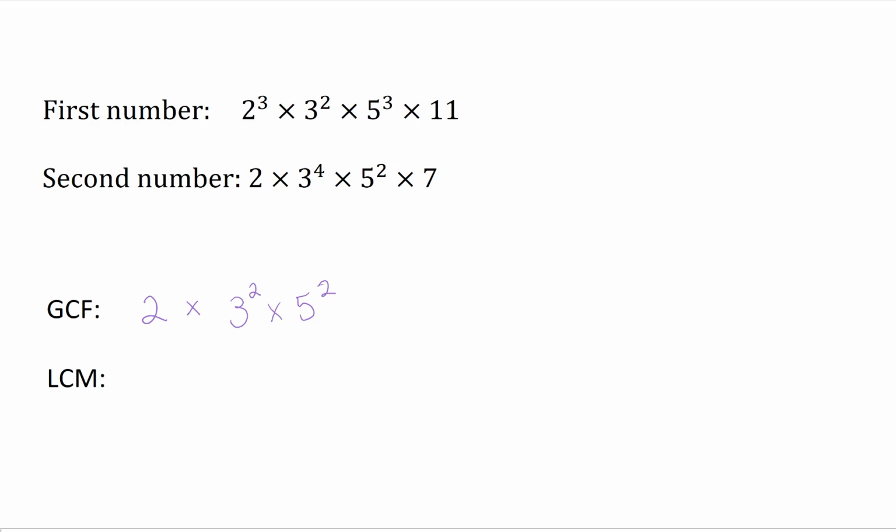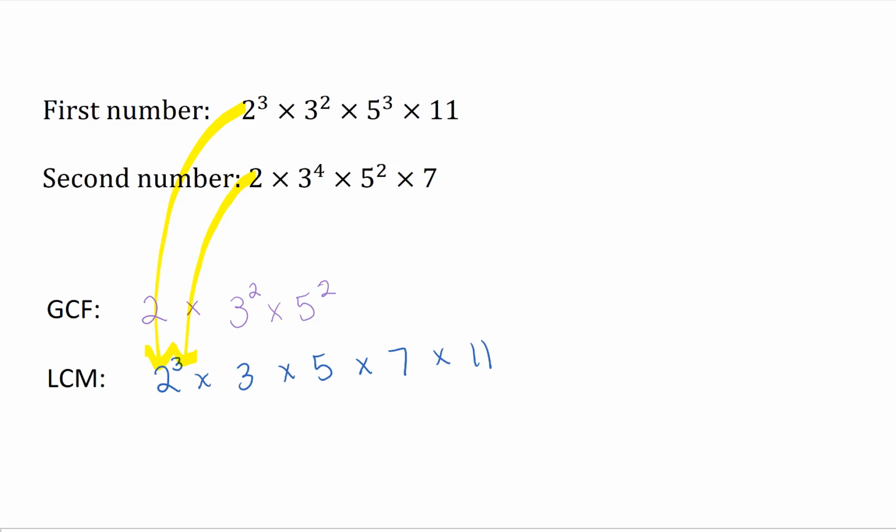So we have bases of 2, 3, 5, 7, and 11. Doesn't matter if they have them in common for LCM because we need both numbers to divide into it. Okay, we're going to go with the highest exponent because this time we're dividing down. So 2 cubed will divide into 2 cubed, and 2 will divide into 2 cubed.